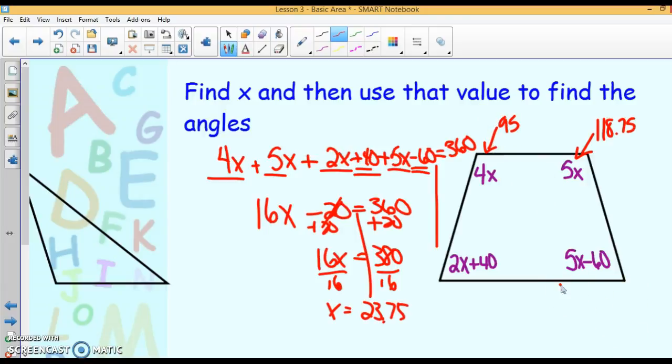This angle, 5 times 23.75 minus 60 is 58.75. And last but not least, 2 times 23.75 plus 40 gives you 87.5. Now, if you add these four angles together, I guarantee you will get 360 degrees.